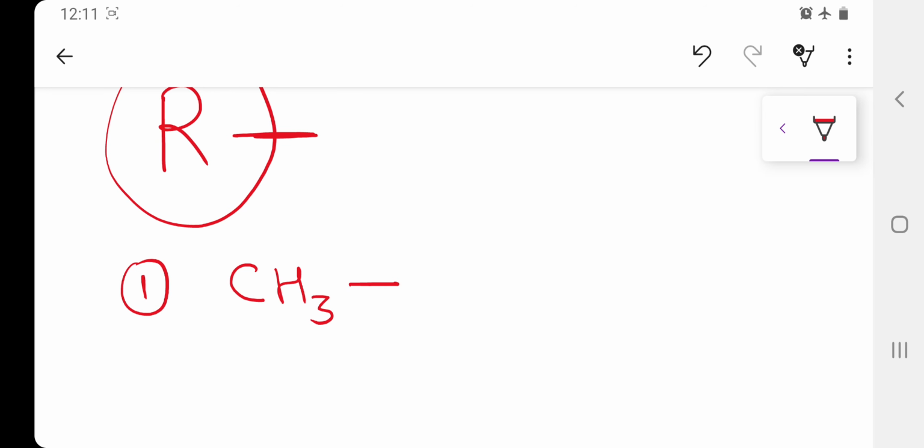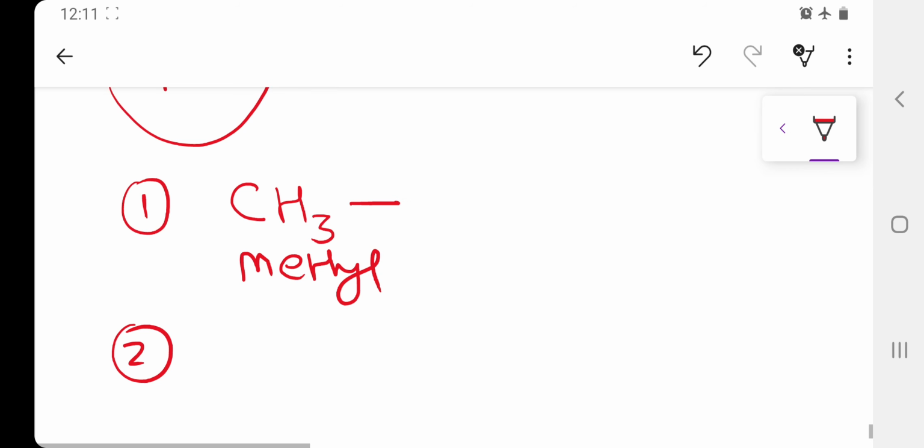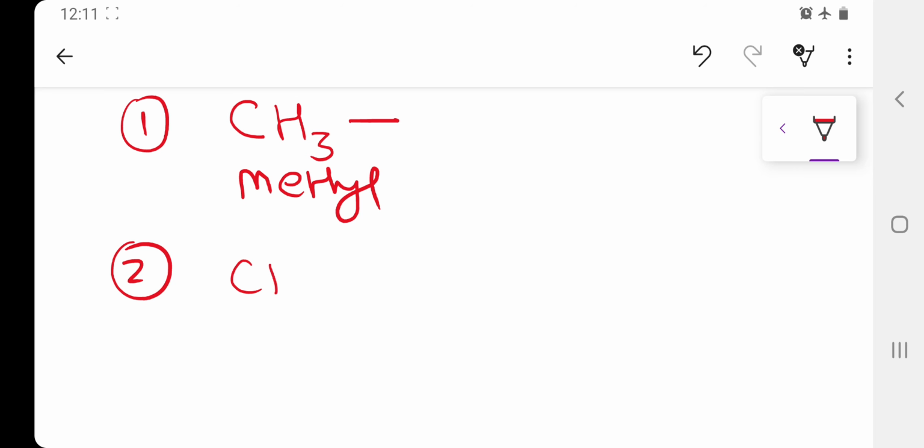But for the purpose of introductory chemistry, you have to understand these 4 or 5 alkyl groups, first being the methyl group. This will be okay for your 2-year curriculum.